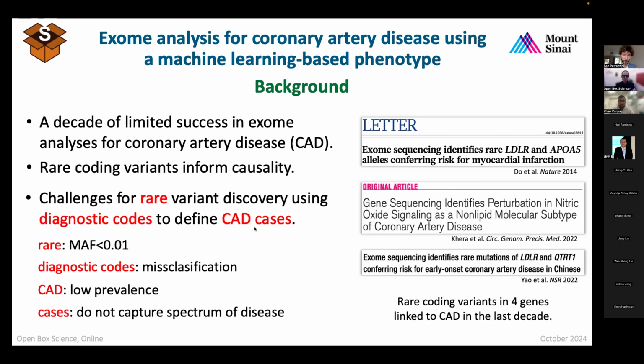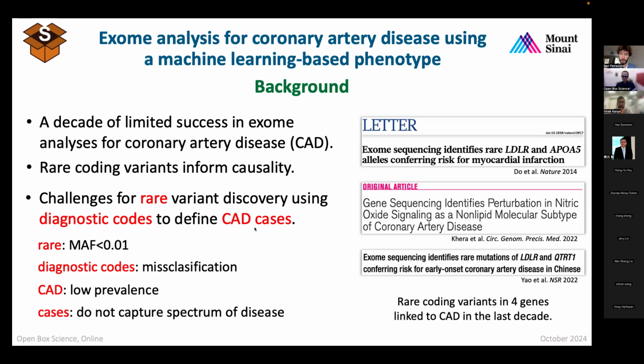And then the use of cases and controls. It's problematic for CAD in particular because cases and controls represent disease onset, so the diagnosis of the disease, but are not able to capture other axes of disease pathophysiology involving things like progression to disease or severity of disease, which is very important in CAD. You have individuals that are more severely affected by atherosclerosis.